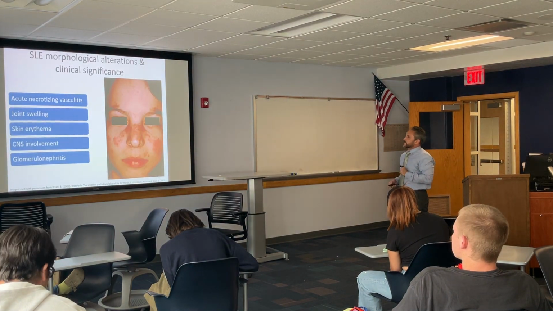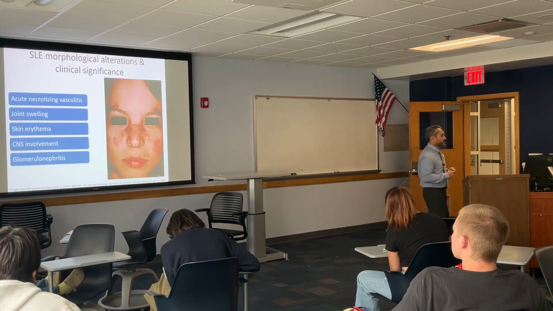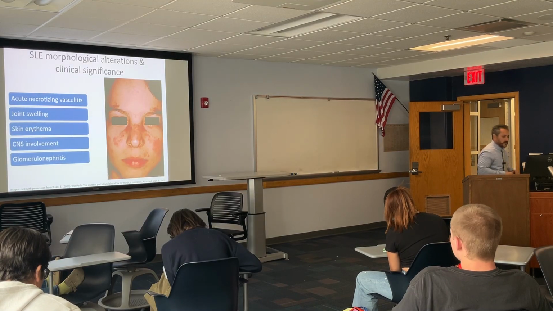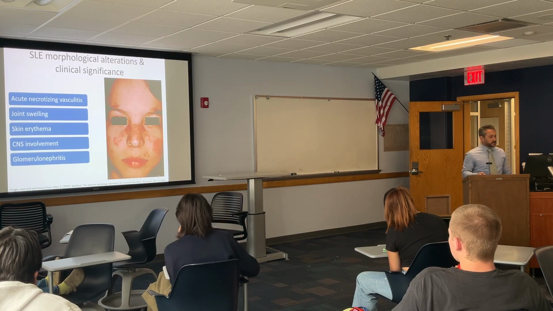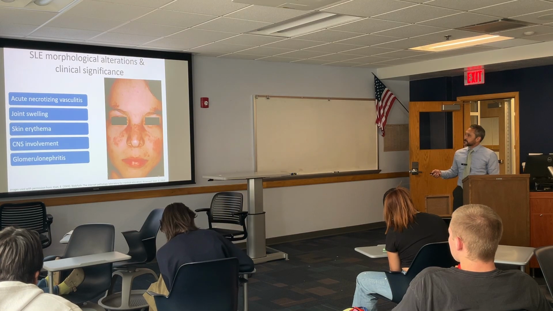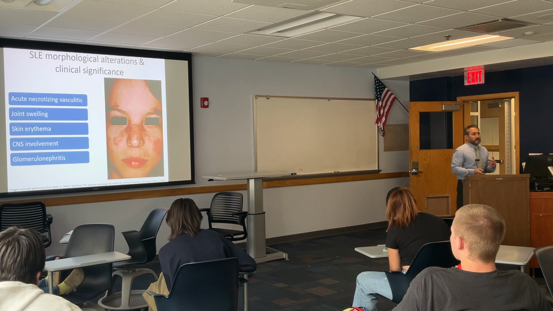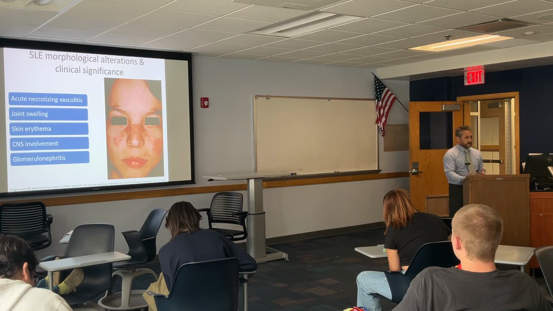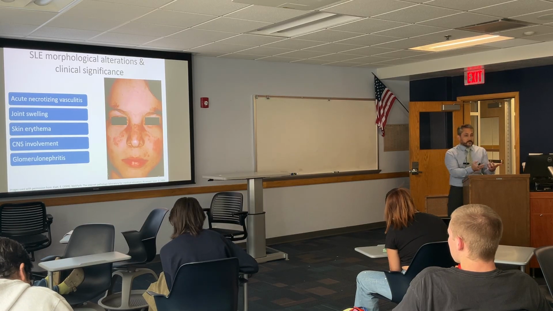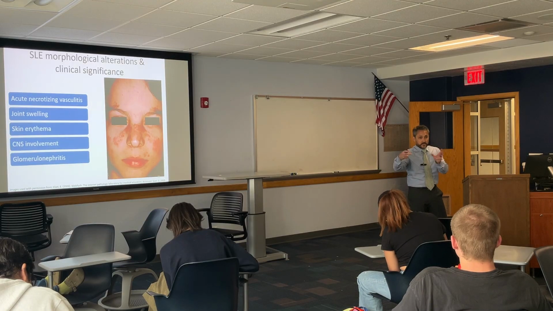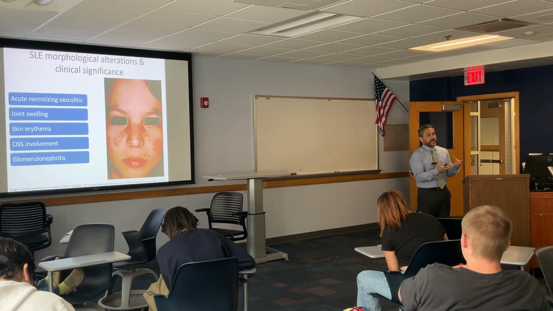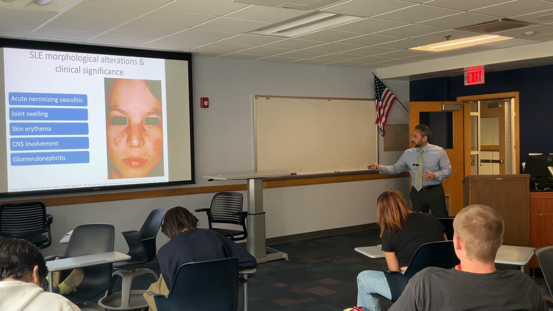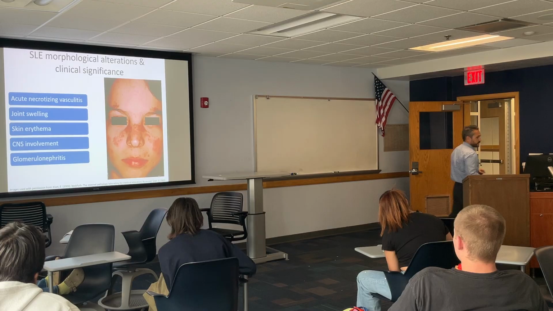So, systemic lupus, gross observations of this young patient. A very classic, what's called a malar rash, or butterfly rash. You can see it across the bridge of the nose, and then it dips down onto the cheeks. That's skin lesions, right? That's a subcategory of lupus, just the skin or discoid or cutaneous version. But in SLE, you get a lot of these antibody-antigen complexes that get trapped in the skin, and it creates these lesions.